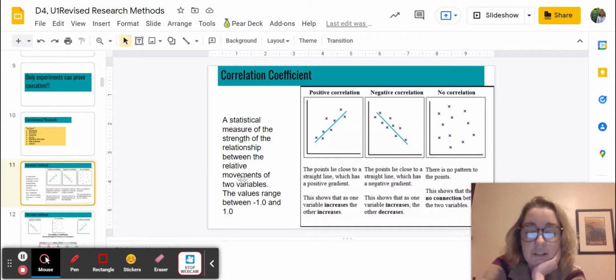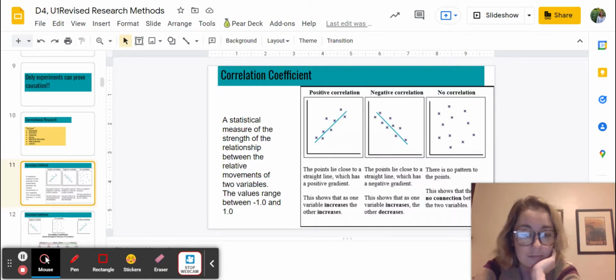So let's go back here. And we said that the correlation coefficient is the strength of the relationship between these two variables. If it's negative 1.0, that means it's a negative correlation. And if it's closer to negative 1.0, it's really strong. So if it's negative 0.9, negative 0.8, or negative 1.0, that's a super, super strong negative correlation.